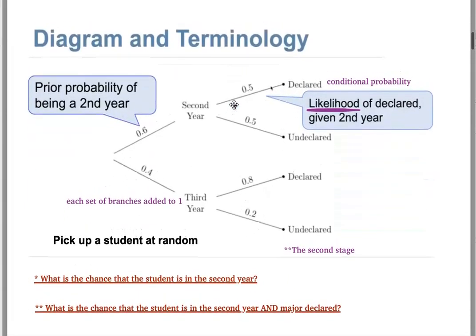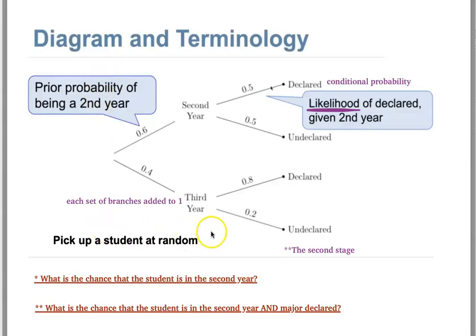Okay, so that's the example we have in lecture 37, if you remember. Let me refresh your memory. In one class, we have students. We don't know the total number, but we do know the ratio. 60% are students in their second year, and 40% are in their third year.